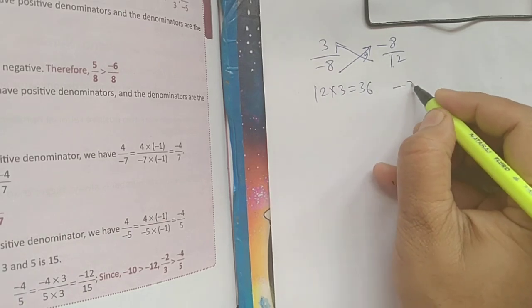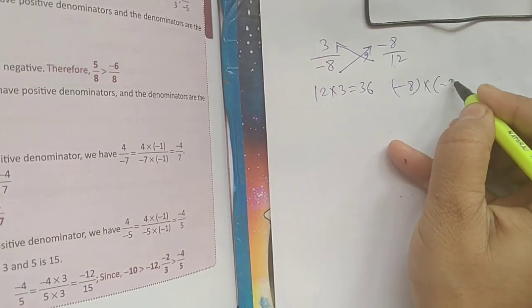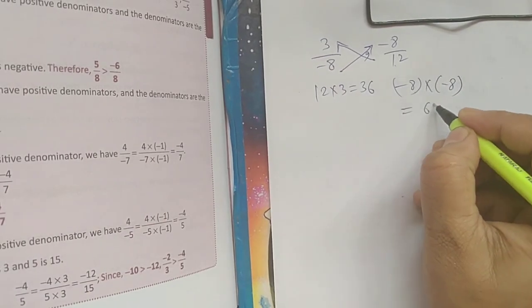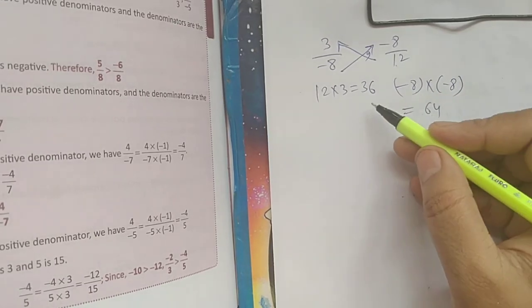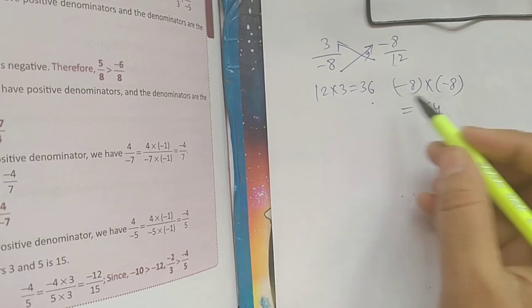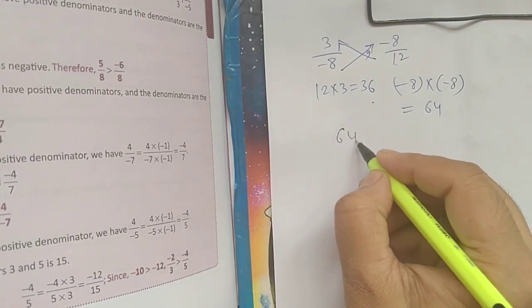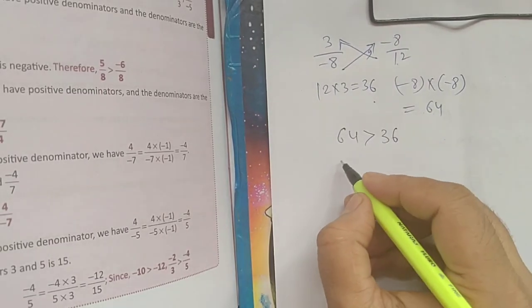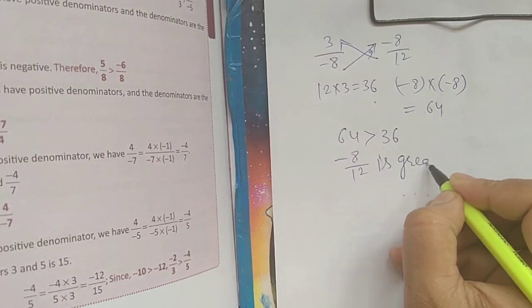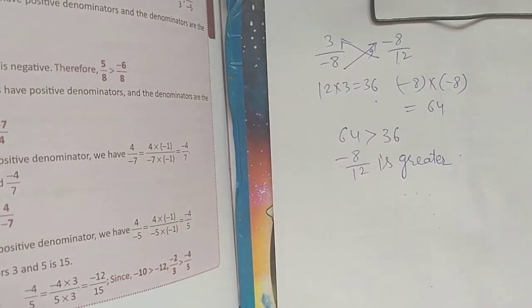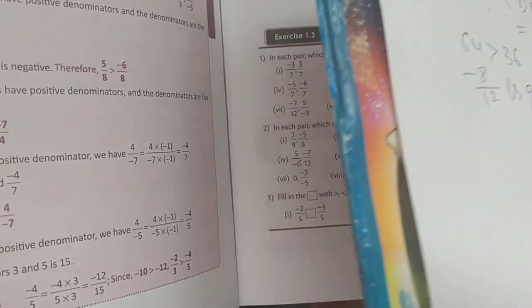So minus 8 multiplied by minus 8, 8 8s are 64, then minus minus is positive, so 64 is greater than 36, so minus 8 upon 12 is greater. I think you easily understood now.